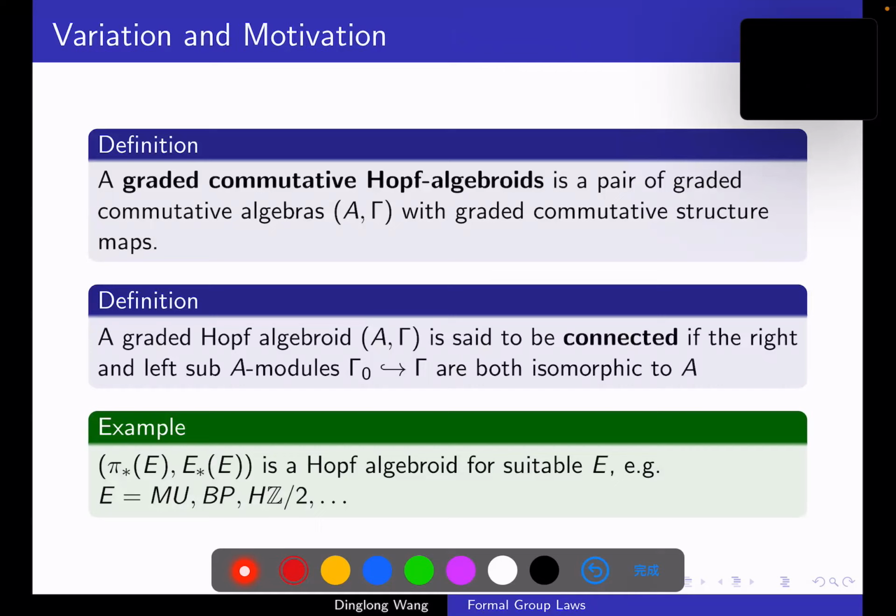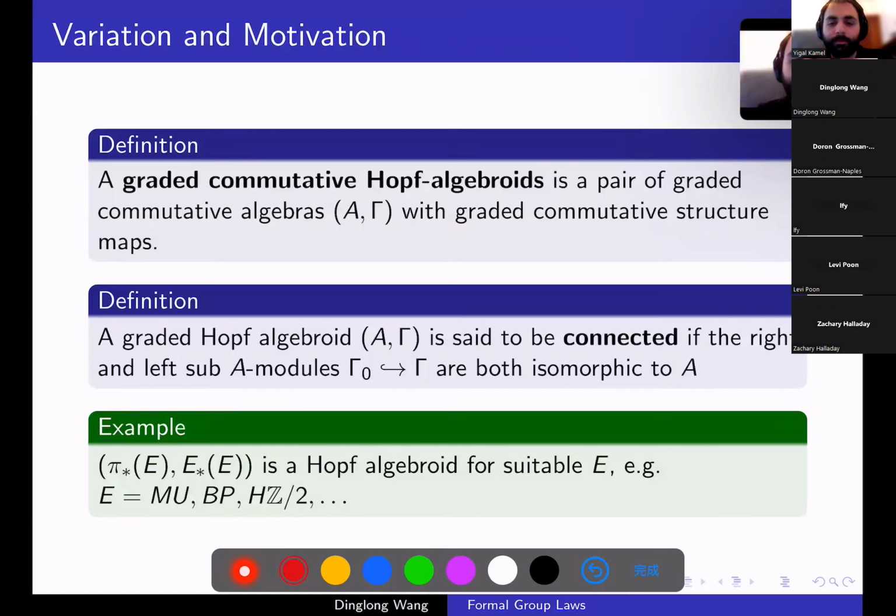A graded commutative Hopf algebra is a Hopf algebra in the category of graded commutative K algebras. In other words, it's a pair of graded commutative algebras with graded commutative structure maps. A graded Hopf algebra is said to be connected if the right and left sub-A modules generated by gamma 0 are both isomorphic to A.